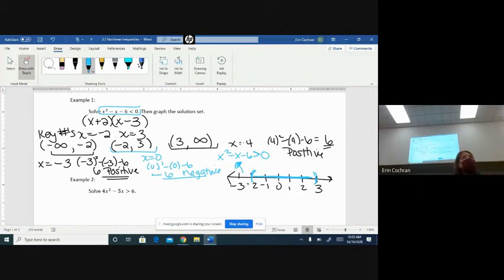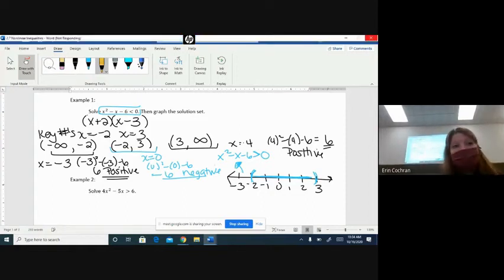In the middle of these two, when we plugged in 0, we got a negative answer, so x squared minus x minus 6 will be less than 0.